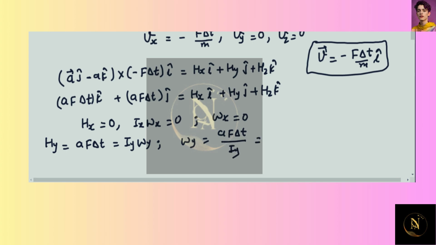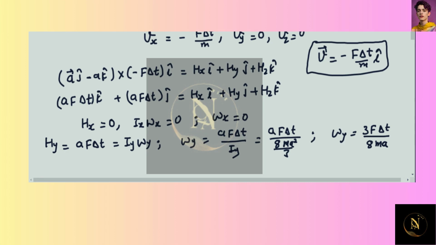This value you know, substituting, so you will get aF delta t upon 8 ma square by 3. So angular velocity along y direction you will get 3F delta t upon 8 ma.